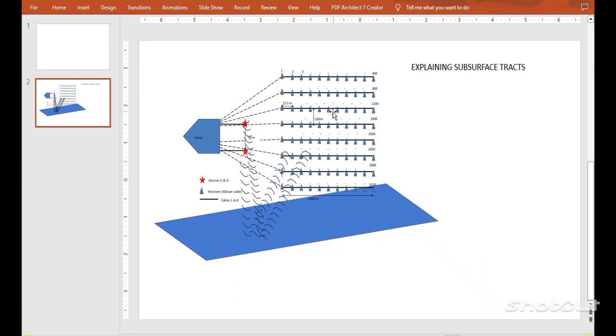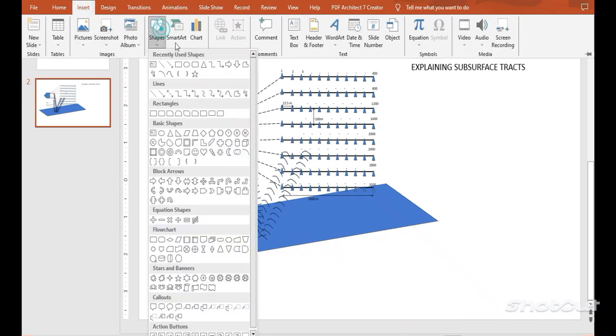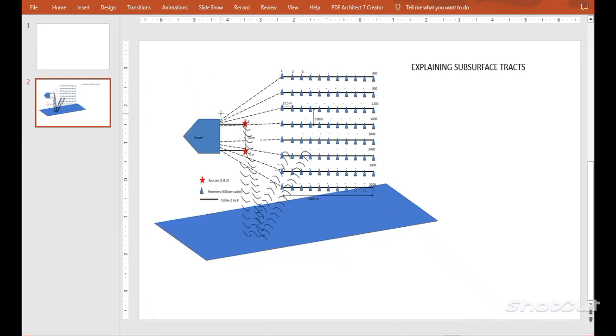Now, in a simple short explanation, when you shoot for this gun, let me insert one shape. In practice, let's say you are shooting every 50 meters.